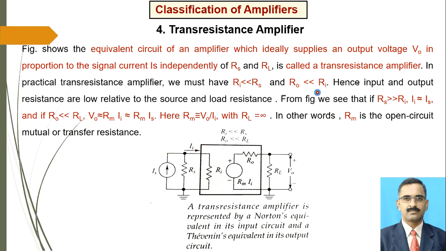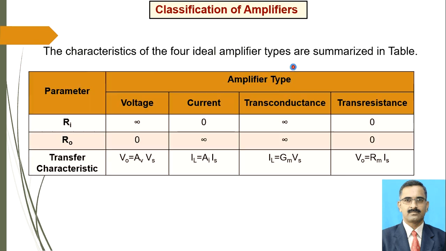So these are the four classes of amplifiers, which depend upon the magnitude of the input and output impedance, right? Now this slide summarizes the characteristics of the four ideal amplifier types in tabular form. This side gives the parameters, that is, input resistance Ri, output resistance R0, and transfer characteristics.